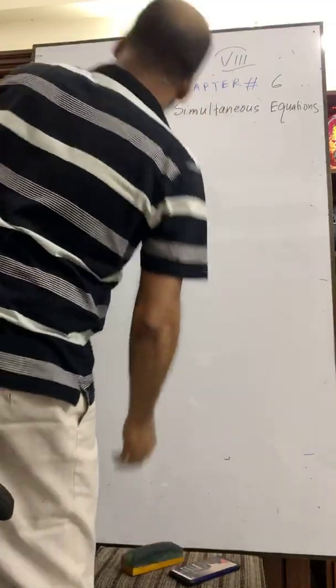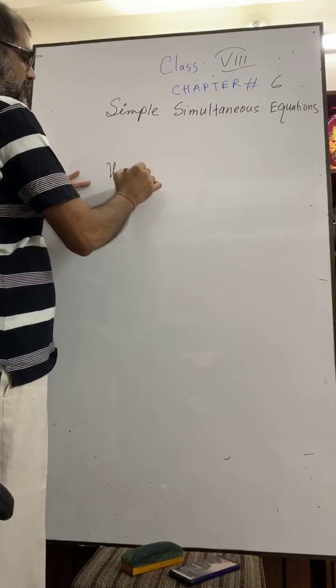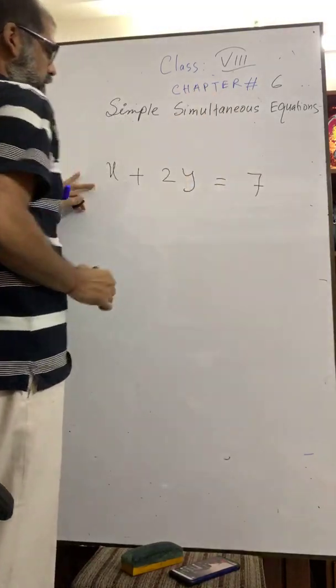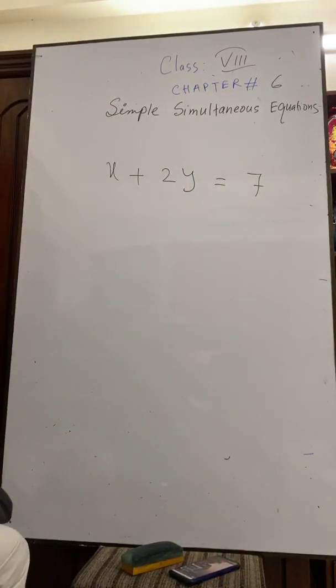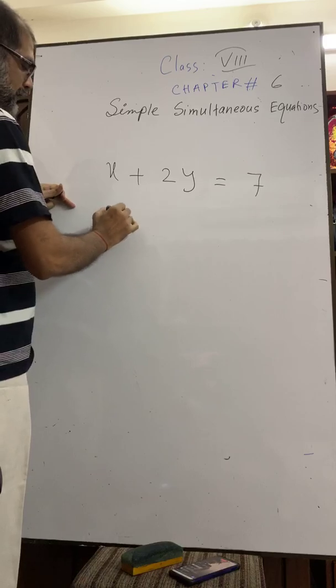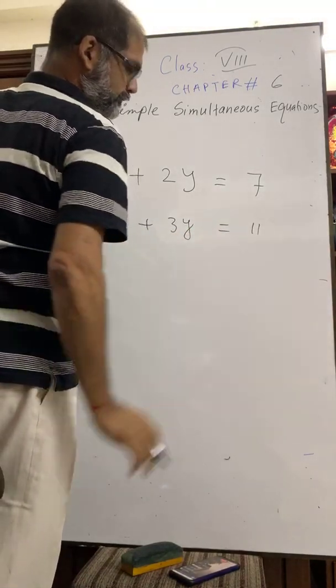I am giving you another example. x plus 2y equals 7, and 2x plus 3y equals 11.